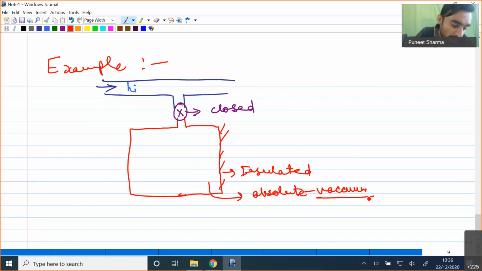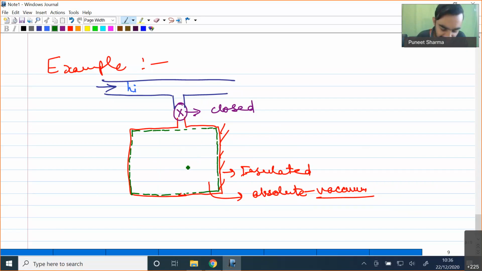Okay. Now, the control volume which I want to analyze includes only the medium. I am not considering the tank wall as part of the control volume. Whatever I will have inside this tank, that is only my control volume, and that is the only thing I will try to analyze. Okay.